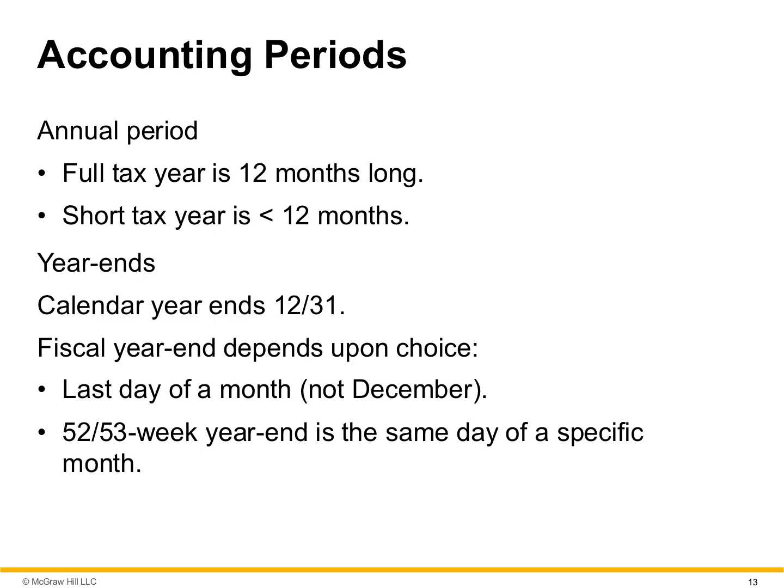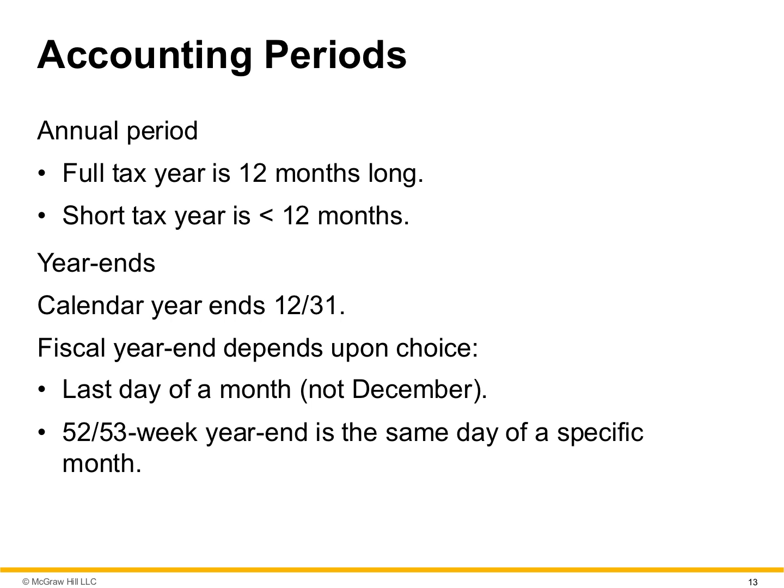So for the annual periods, a full tax year is typically 12 months long, whereas a short tax year is less than 12 months long. And then for year ends, there are a few different types of year ends that a business could have.